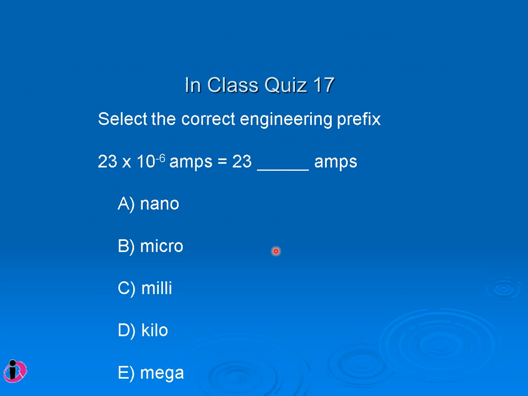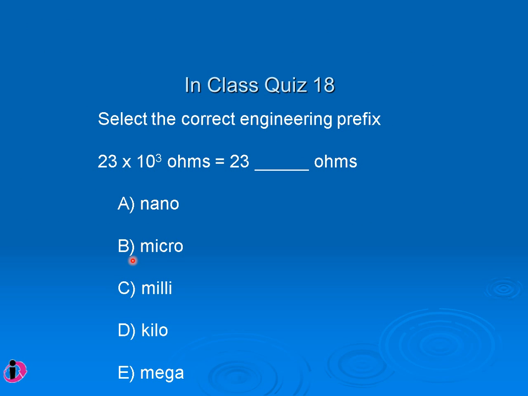Okay, let's look at some examples. 23 times 10 to the power negative 6. Negative 6 is micro, right? So it should be 23 microamps. Right answer is B. This is what? 10 to the power 3, right?